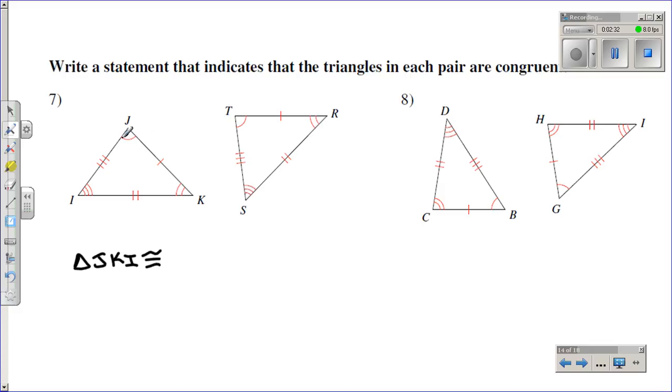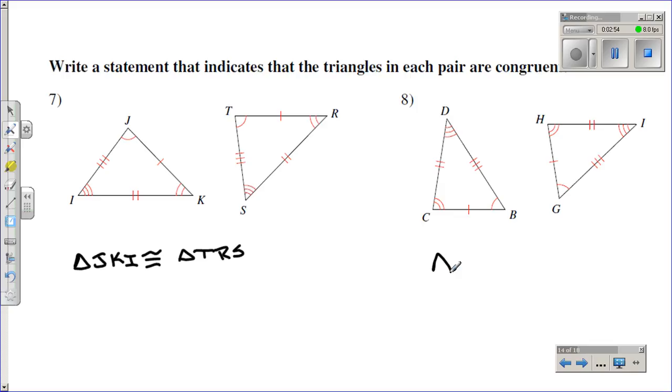Now look, J has 1. What over here has 1? T. So triangle T. I went from 1 to the 2 marks. So I go to the 2 marks. R. And then what I have left is S. And there's your congruency statement saying what's congruent about these two triangles.